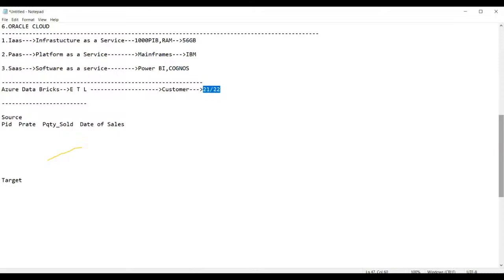To report this to the customer, you require the source, consisting of the following information: product ID, product rate, product quantity sold, date of sales.